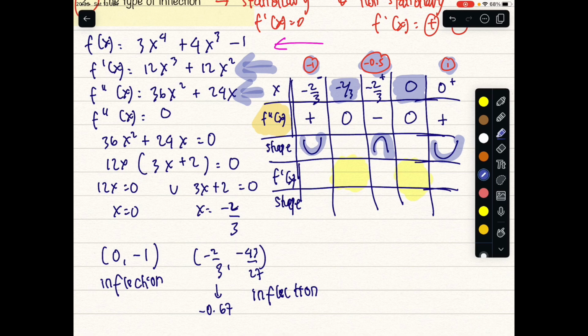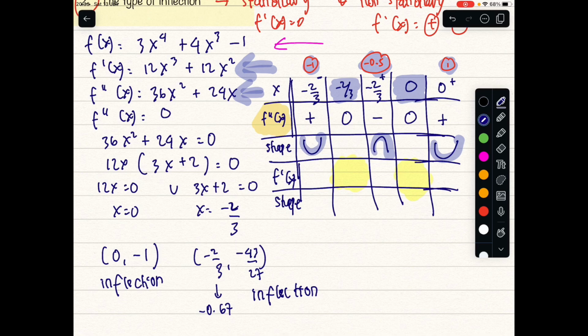So I'm putting -2/3 in the first derivative. Let's have a look. I'm going to use my calculator now, so hopefully it's not going to take too much time. So 12 times, in brackets, -2/3, I'm inputting in the first derivative, and then cube.